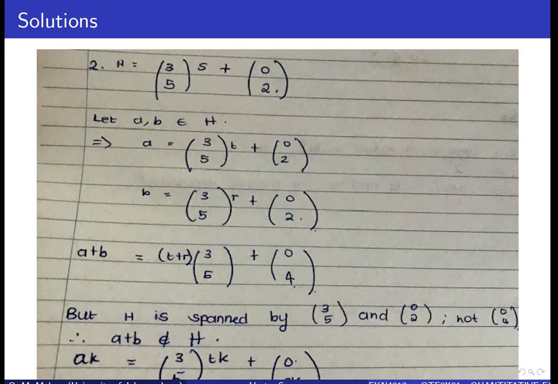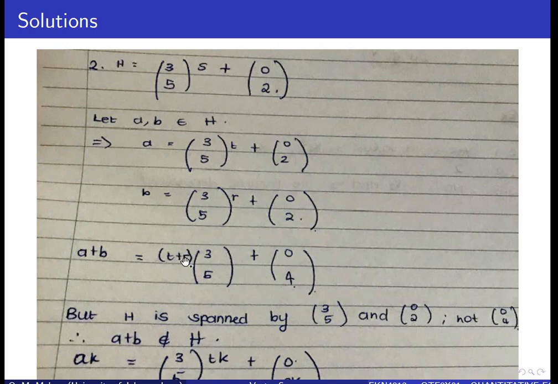So I add these together, A plus B, I get (t plus r) times (3, 5), right? (3, 5) is a common factor. But then if I add (0, 2) plus (0, 2), I get (0, 4), right?